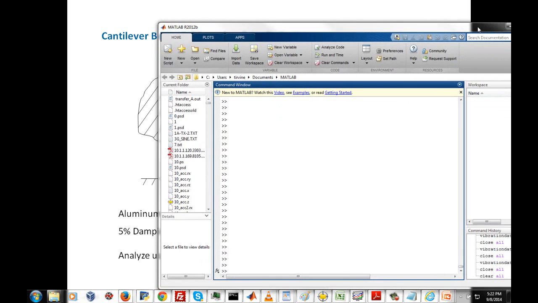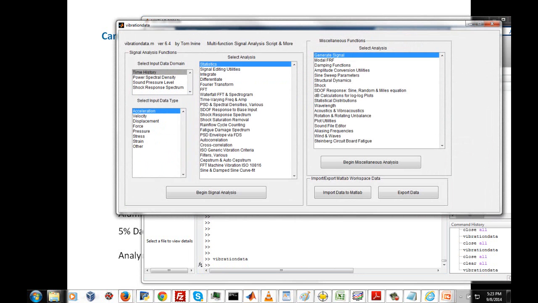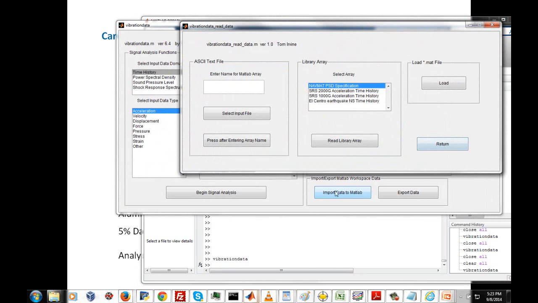And one of the things we're going to do, I'm going to go to our vibration data GUI here, and let's go to, so this is up to 6.4 as I make this recording. We have a function here called import data to MATLAB, and I'm going to call up a time history that we're going to be using in the second part of the webinar here, and it's going to be a library function. So library is in this middle column here, and it's going to be called SRS 1000G acceleration time history.